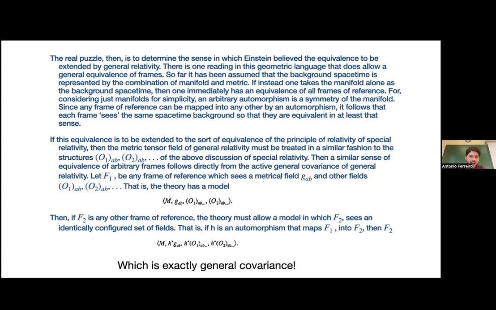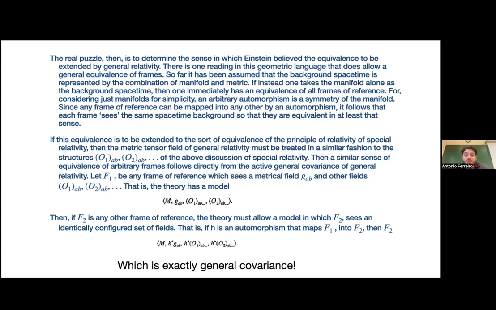So if we have a frame F1 of reference, which sees the metrical field g and other kinds of fields, whatever you want, we have the following model in one reference frame. Then in another reference frame F2, the theory must allow a model in which F2 sees an identically configured set of fields. That is, if h is an automorphism that maps F1 into F2, which here is the full covariance group of all coordinate transformations, then F2 sees the following model. And that's exactly general covariance.